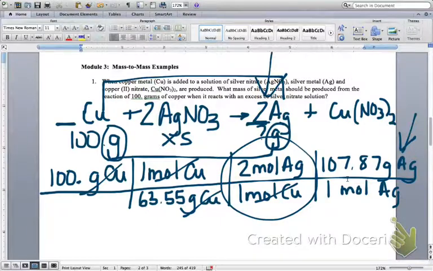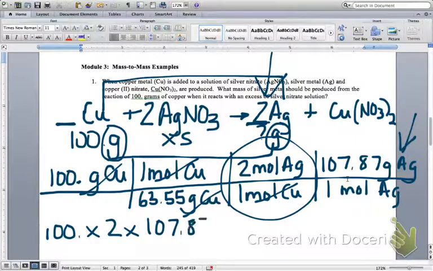Okay? So, what am I going to type into my calculator based on what you see here in our train tracks? 100 times 2 times 107.87 divided by 63.55. Good. We're going to type in 100 times 2 times 107.87 and then divided by 63.55. Okay?